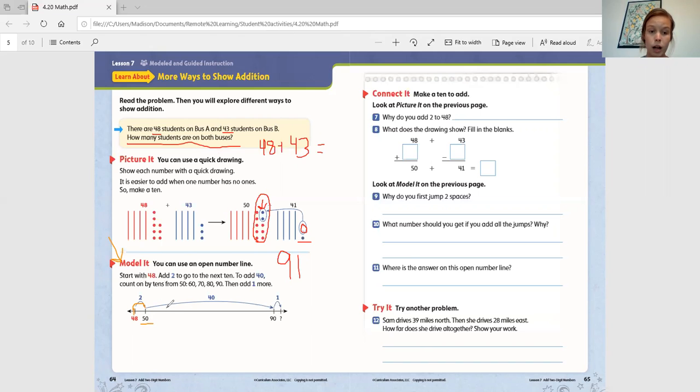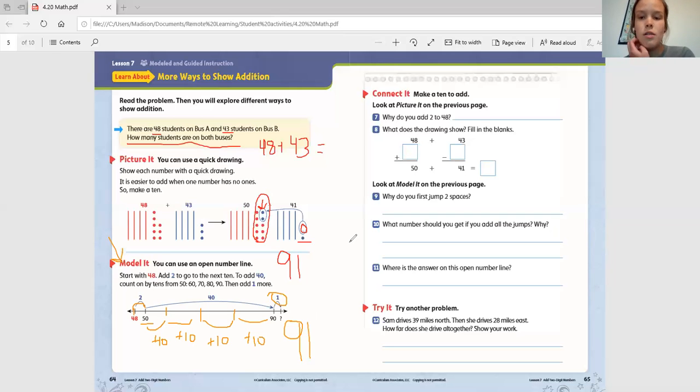We could also mark it up by going 60, 70, 80, 90, knowing that each of those humps is plus 10. Let's do that again. Let's go from 50 to 60, 70, 80, 90. And now we just have to add one more, and we got to 91.